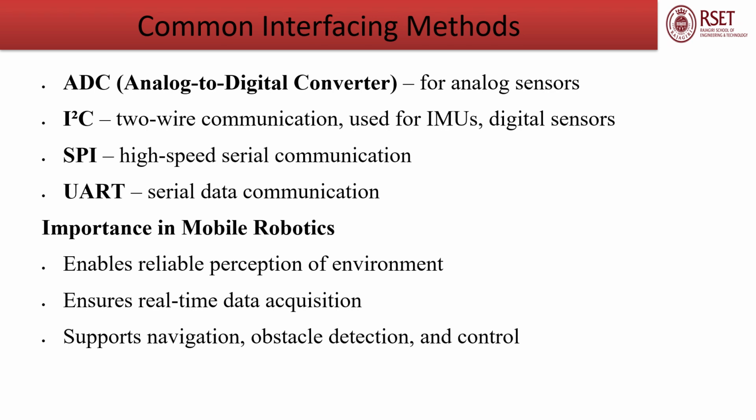Next is the SPI, which is a high-speed serial communication protocol. And finally, we have the UART, which is used for serial data communication. Proper interfacing enables reliable perception, real-time data acquisition, and supports navigation and obstacle detection.